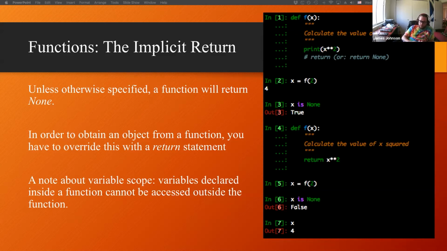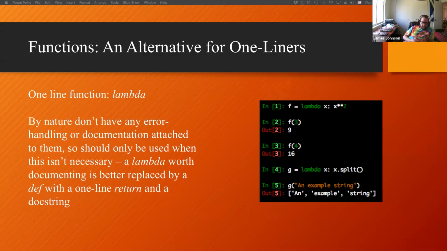One final note on functions is that things can simplify a little bit if you have just a one-liner function. Lambda is something not a ton of Python developers use a lot, but it can be useful. It's really just a one-line function, and you don't even need to assign it a name.